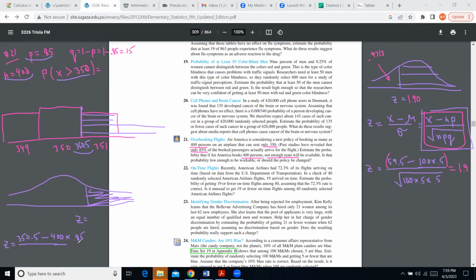And then in the denominator, I have a square root extracted from, again, this 400 times 85%, and now it's also times Q, which is 0.15. So looks like I need to put parentheses in my numerator as usual, right? And, well, just calculate another z-score.